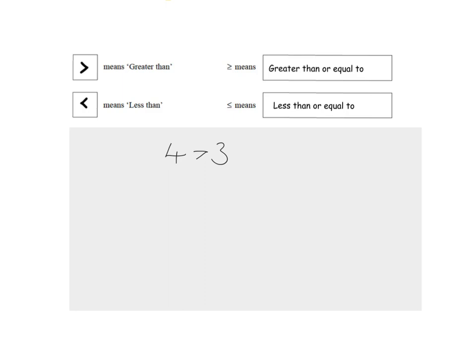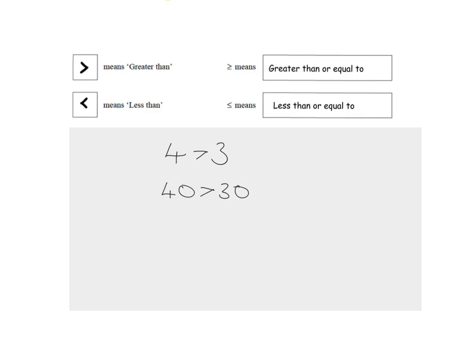Now, let's try maybe some multiplication. So addition and subtraction seems okay. What if we multiply? So let's say that we'll multiply both sides by 10 this time around. That would give me 40 on the left-hand side and 30 on the right-hand side, and that same symbol is still true. 40 is greater than 30.